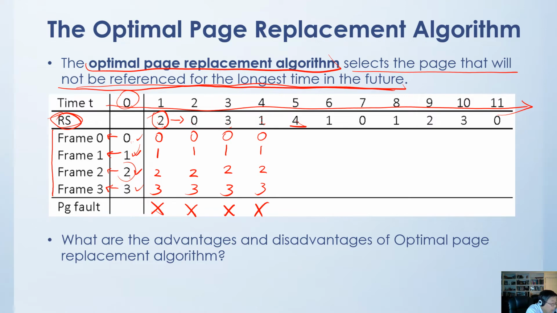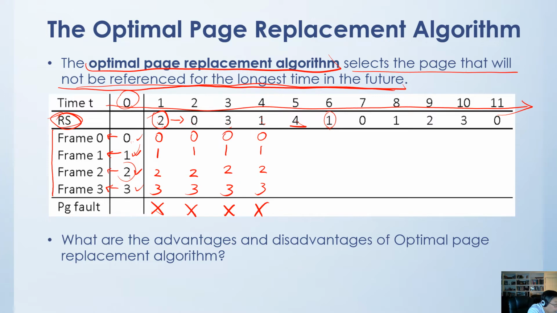Are we going to replace page 1? No, because page 1 will be referenced right after this. So if we replace page 1, then we will actually reference page 1 and we have to bring page 1 back to the memory, right? So based on optimal, that's not a good idea. Okay, so we're going to keep page 1.